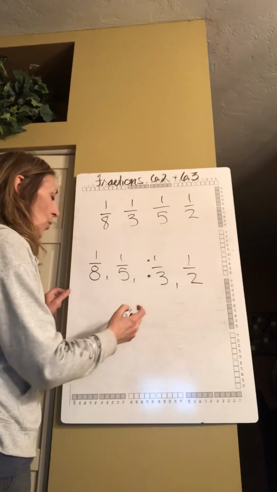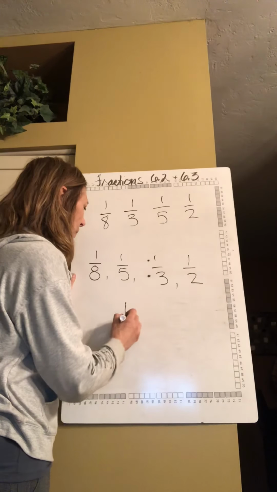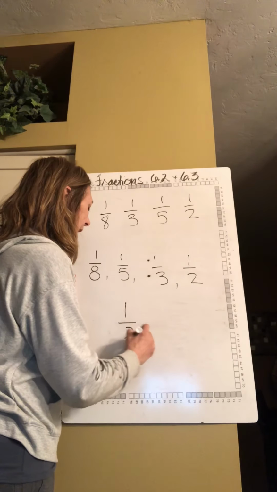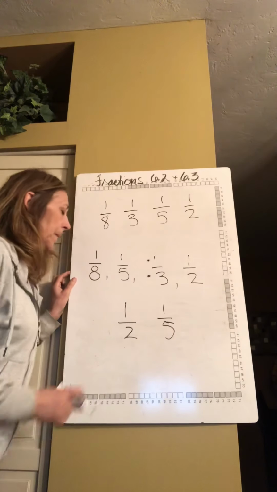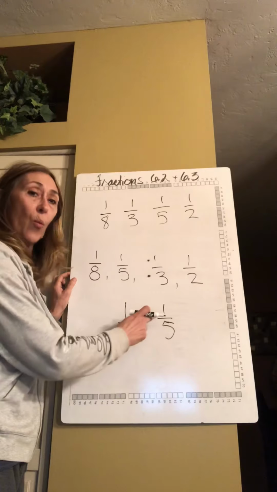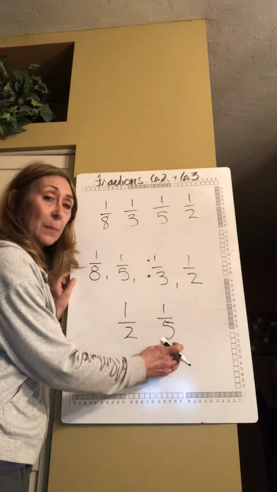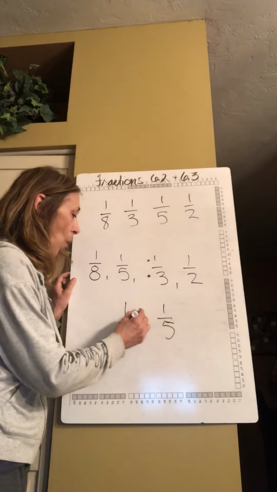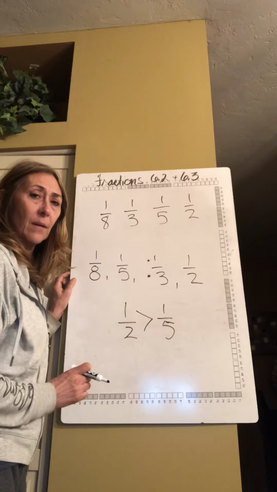If I had to put a greater than or less than symbol, I'm going to use 1/2 and 1/5. 1/2 or 1/5. I'm splitting it into 2 parts. I'm splitting it into 5. 1/2 is more than 1/5.